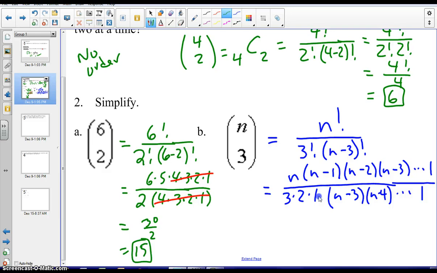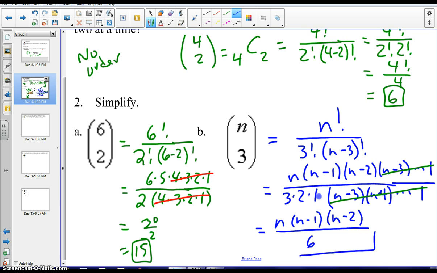Everything from n minus 3 down to 1 is similar, so those would cancel each other out. So in the numerator we'd have n times the quantity n minus 1 times the quantity n minus 2 over 6 as our final answer. You do not need to multiply out the numerator. You can simply leave that in factored form.